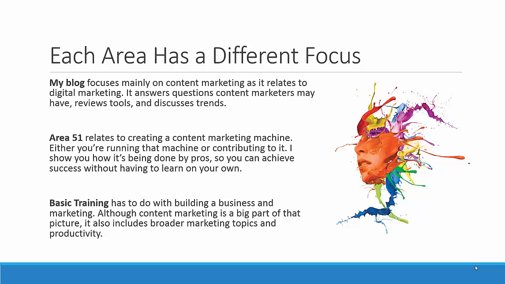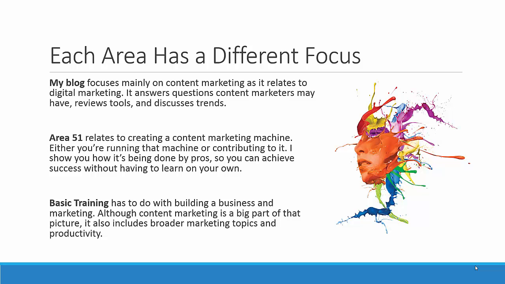Now, basic training, which is another membership area, although it's related to the others, actually has a very different value proposition. Here's where I help writers and other entrepreneurs who are trying to build their business. So maybe it's a content marketer who's trying to get their website built and figure out how to market their services. Maybe it's a business that's not ready for Area 51, but is still looking to be effective.